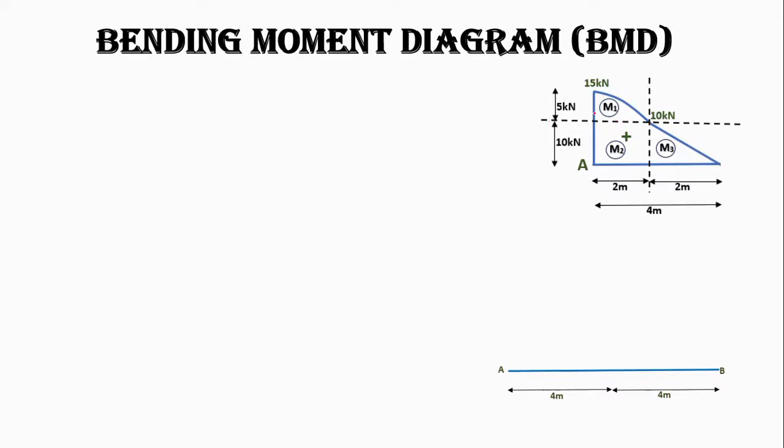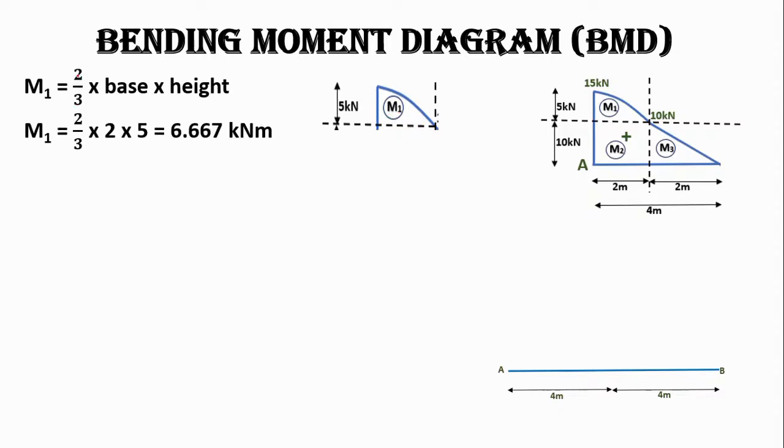So let's calculate the area of these 3 regions. First of all, we will calculate for M1. For this type of shape, the formula for the calculation of area is 2/3 base into height. Here base is 2 meters and height is 5, so this will be 6.667 kilonewton meter.